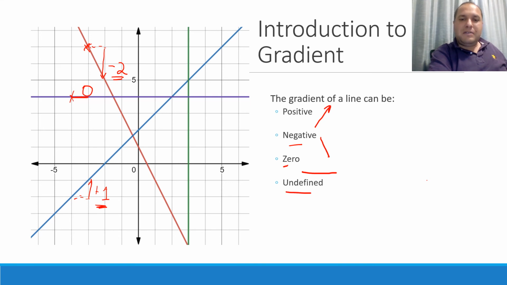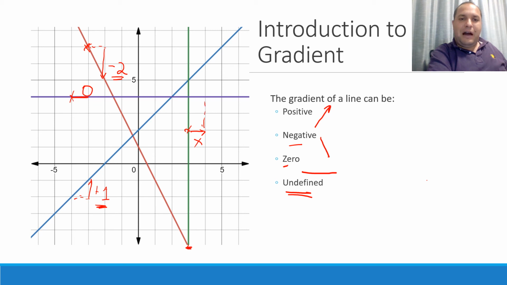Now, undefined is this green line we've got here. Why is it undefined? Well, remember for gradient, we said a gradient is a measure of how far up or down we have to go when we move 1 square right, or when x increases by 1. For this green line, I can't go 1 square across. There's no way for me to go 1 square across and then reach this line.